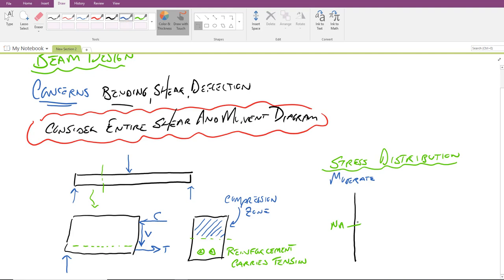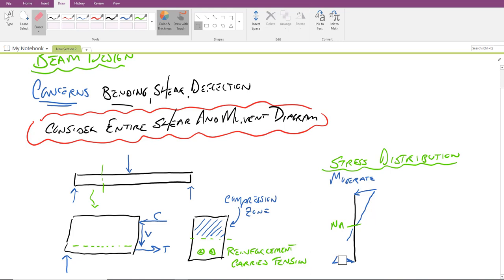We know that the bending stress along that top edge will look like this. And for our previous elements, the bending stress looked like this along the bottom.